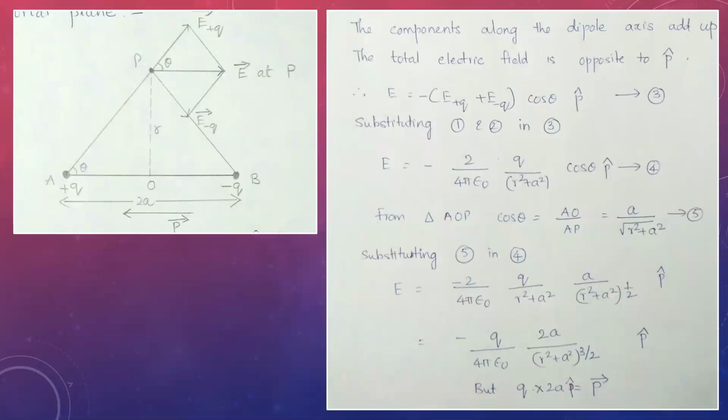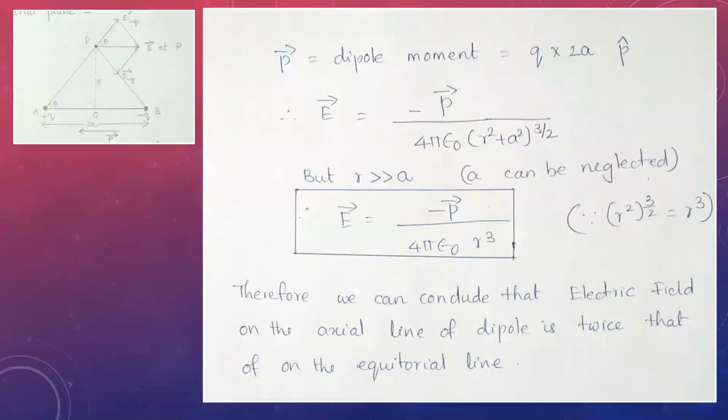Therefore, to get the dipole moment, we are keeping 2a as it is and then multiplying with the q, we will get q into 2a, which is the dipole moment, p bar. Therefore, let us substitute it in this equation.